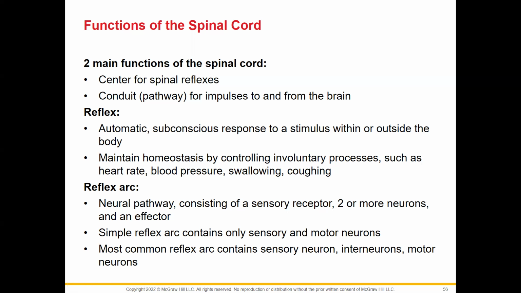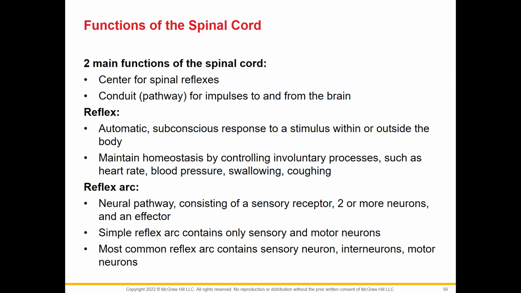Reflexes maintain homeostasis by controlling certain involuntary processes. So in order for you to be able to maintain your blood flow throughout the body, even if there's a change in fluid volume of the blood, your heart rate can respond accordingly.